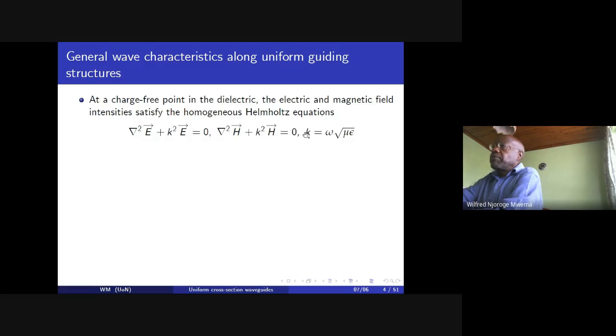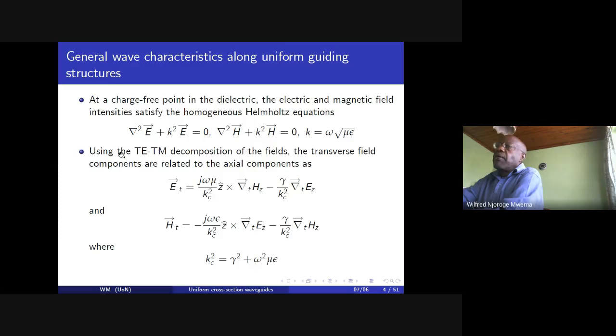k could be complex, but for now we are just going to assume that this is the usual form of k, which is the wave number. Now, when we use the TE and TM decomposition of the fields, that is transverse and axial field components, the transverse field components will be related to the axial components, as we saw already at the beginning of the course.